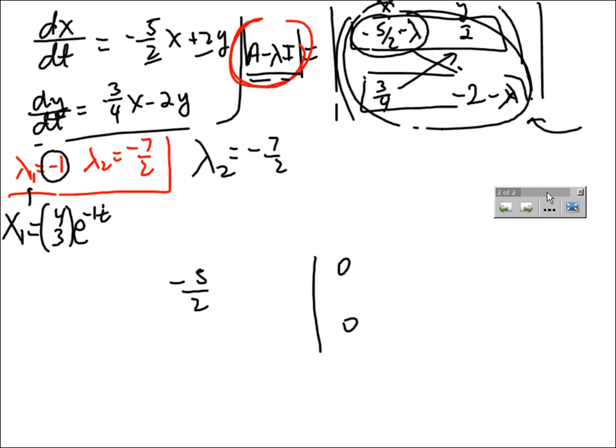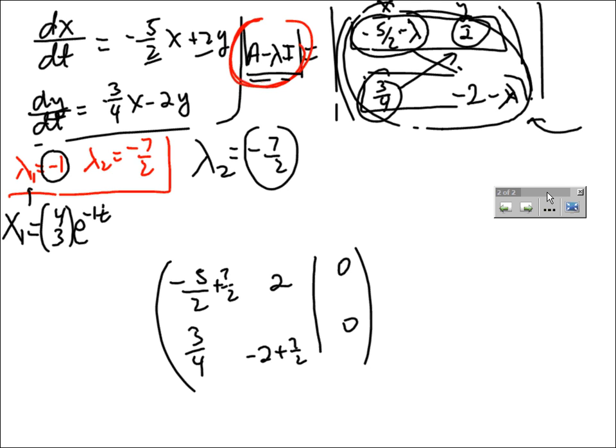We have negative 7/2 minus this number, that means we add 7/2 to the diagonals.